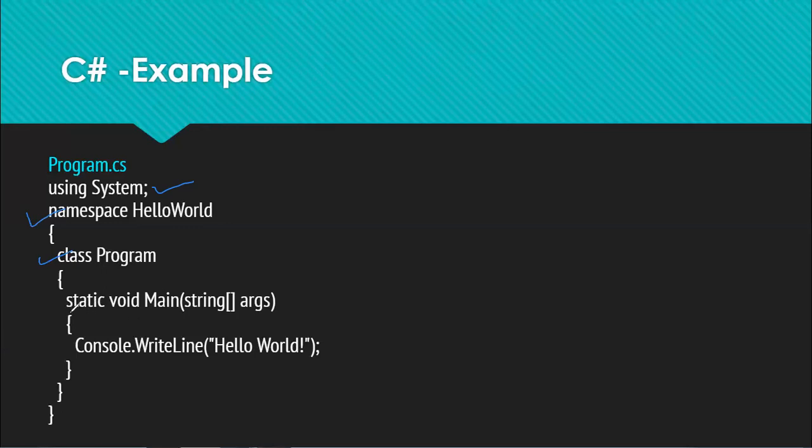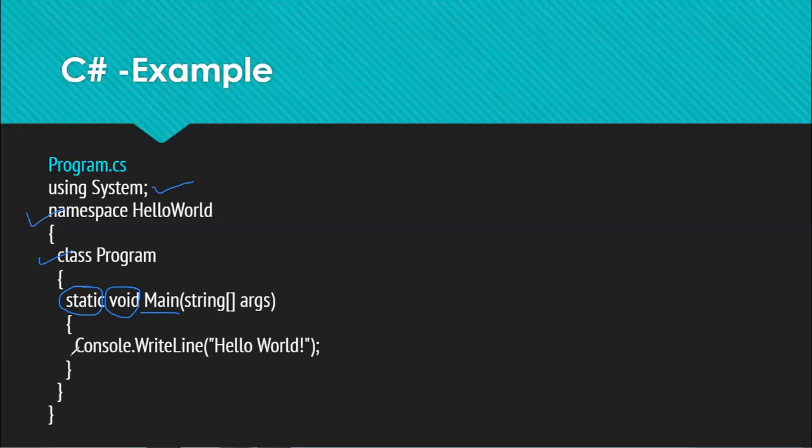Then next is static void Main string args. Here Main is the main function, and void indicates that it is not going to return anything, and static means you can run this function without creating its object. Means this method can be run without creating an object.